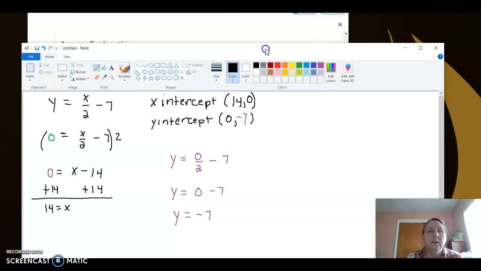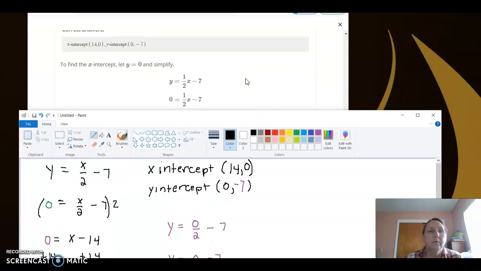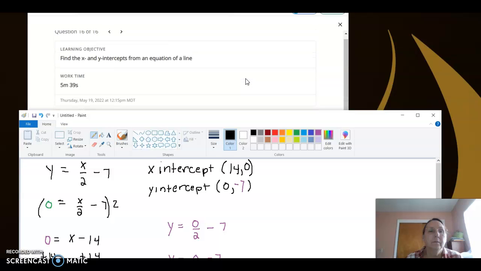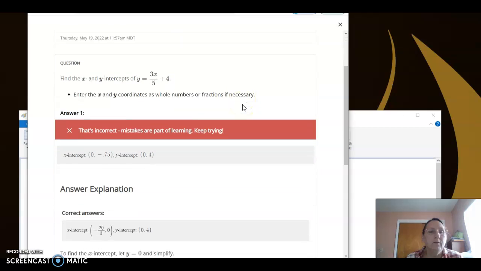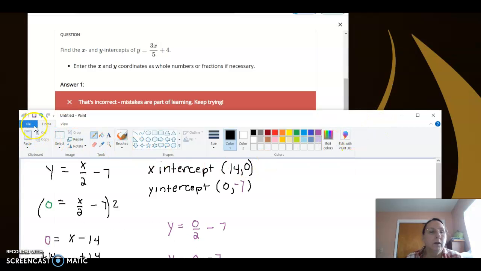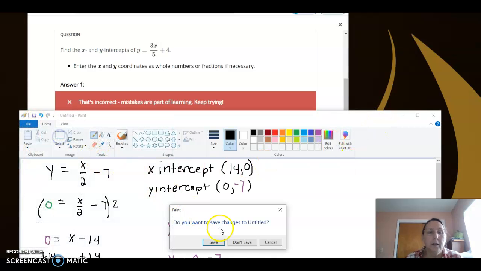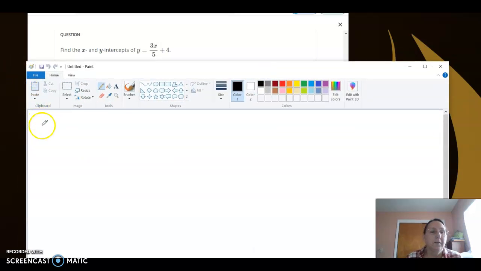All right, let's do another one so that I can redeem myself here. Okay, so we have the equation of y equals 3x over 5 plus 4. So I'm going to clear this screen and restart again, and I'm going to learn from my mistake.